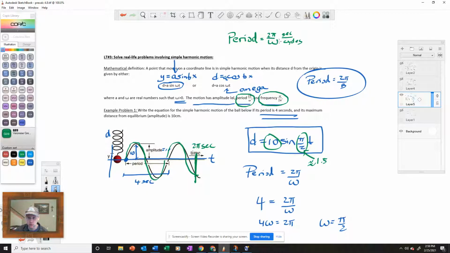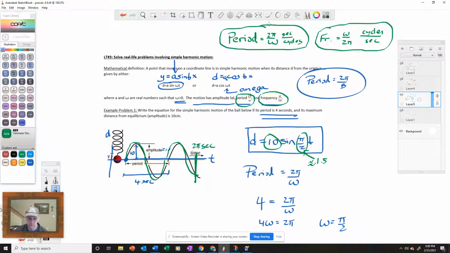When it comes to frequency, the frequency equals omega over 2 pi. And so that will be cycles per second. So when we're talking about frequency, we're talking about how many cycles we have per second. The period, on the other hand, is how many seconds it is for every cycle.